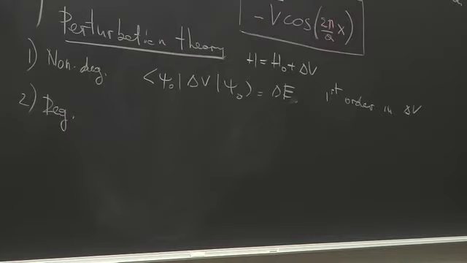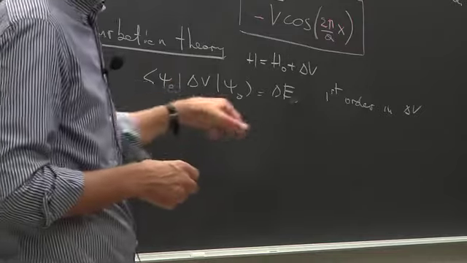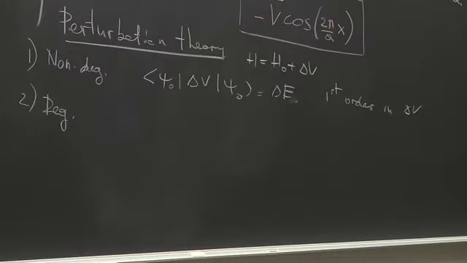And then you have to diagonalize the corresponding 2 by 2, 3 by 3, n by n matrix. All familiar with this? If not, go back to your quantum mechanics textbooks or your lecture notes and try to find out where these statements are made, okay?